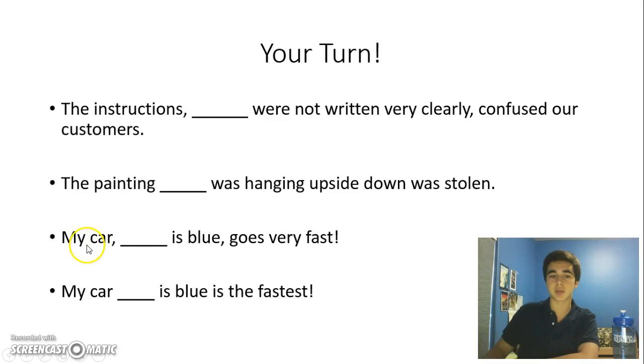You could just say, "my car goes very fast." But in this case, when you say which is blue, it is because it is unnecessary information. Now for this one, you must use that. And that is because when you say, "my car that is blue is the fastest," you're identifying exactly which car is the fastest, and it's the blue one.